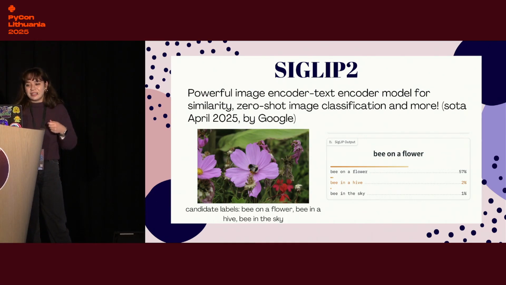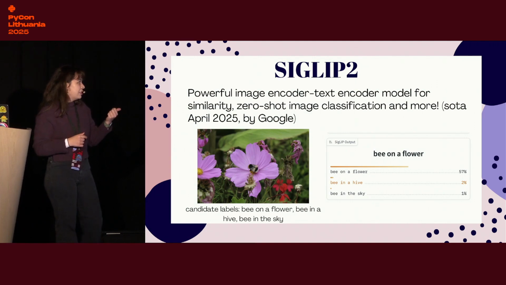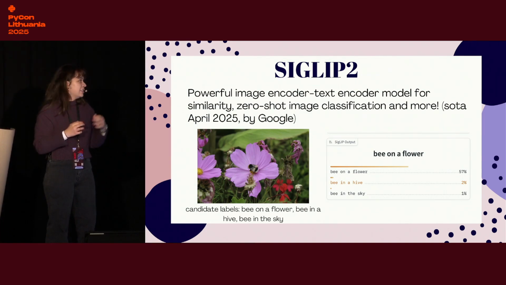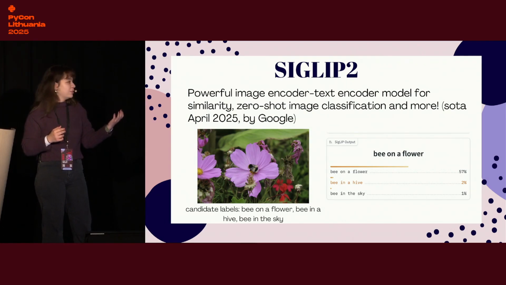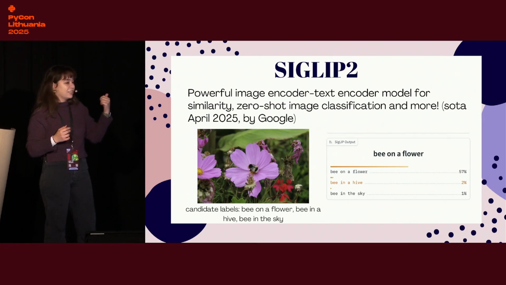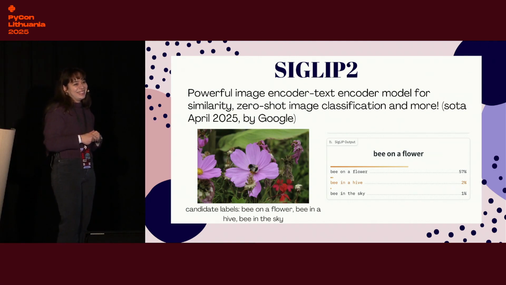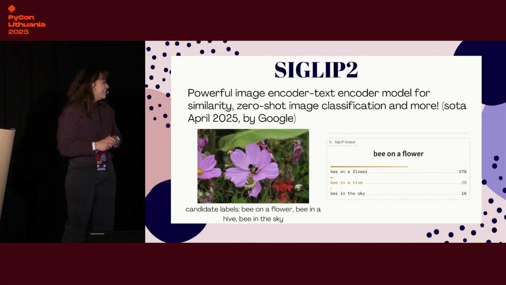So the second one is SigLIP 2. SigLIP 2 is basically a better version of CLIP, and it's open source. It was released by Google this year, April 2025. It's the state of the art. But the other day, Meta released another model called Perception Encoder, and it's apparently even better than SigLIP 2.